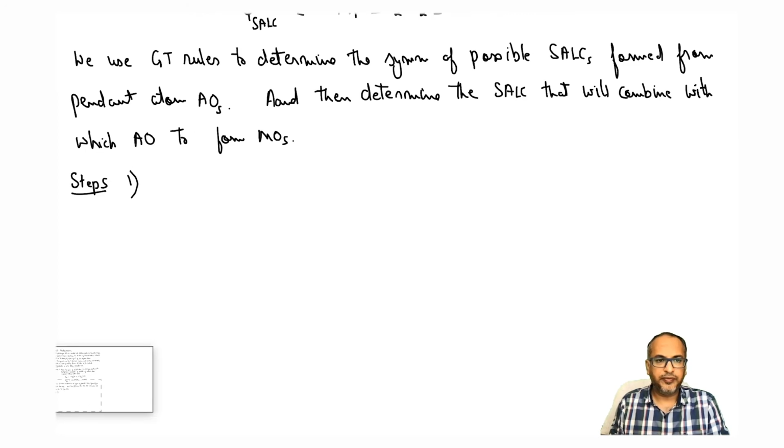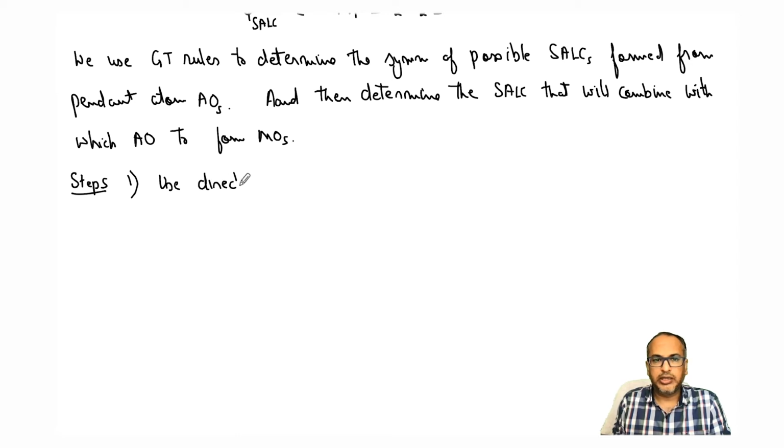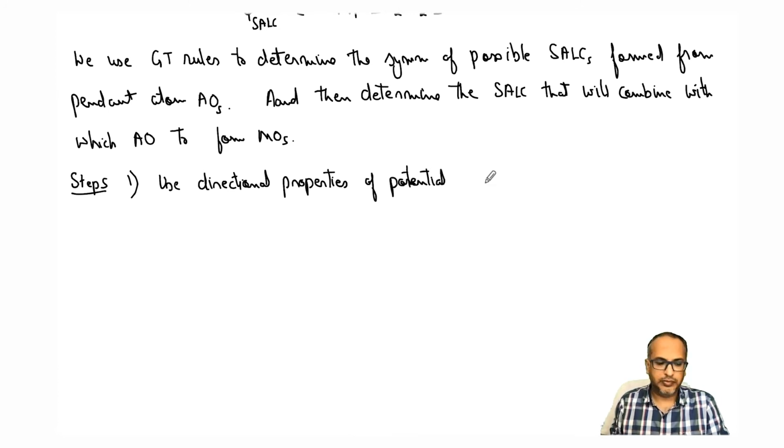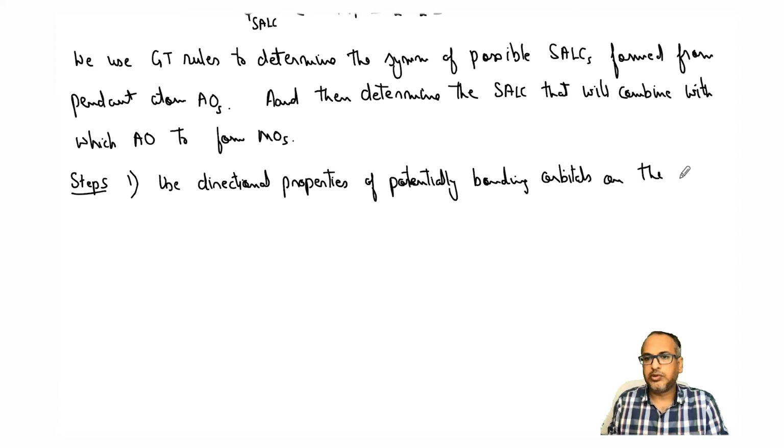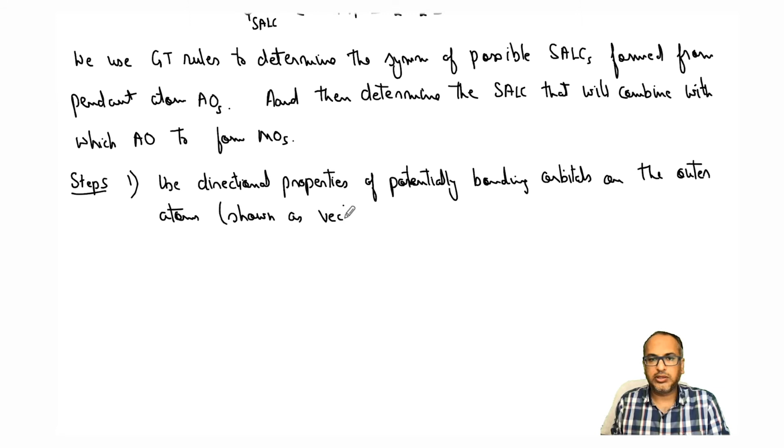Okay, so let us define the steps one by one on how to proceed with this. So let's see. First, use directional properties of potentially bonding orbitals on the outer atoms or pendant atoms. In some books you will see it is written as outer atoms, in some books it will be pendant atoms. This will be shown as vectors.